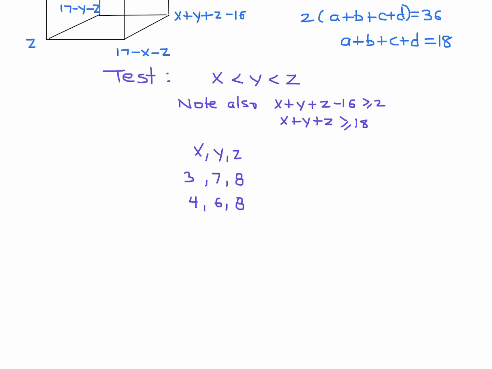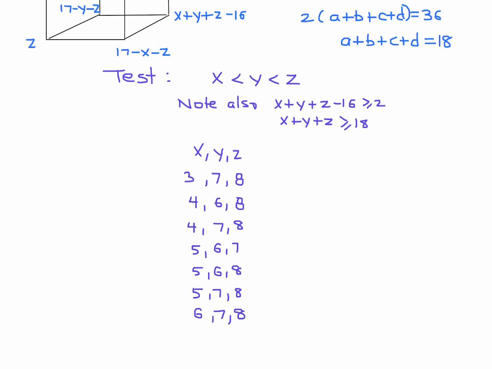I'm just going by this and this, trying to come up with possible choices for X, Y, and Z. 4, 7, and 8, 5, 6, and 7, 5, 6, and 8, or rather 5, 7, and 8. And I think the only other one is going to be 6, 7, and 8.